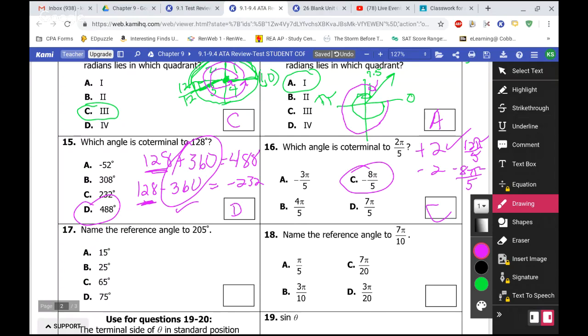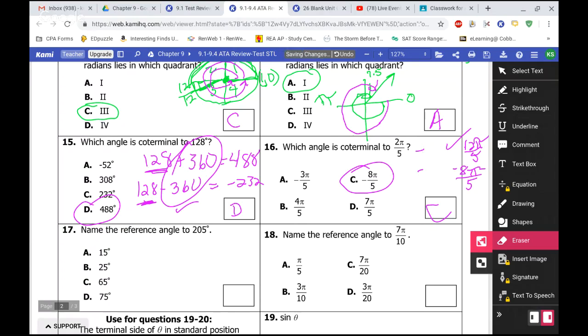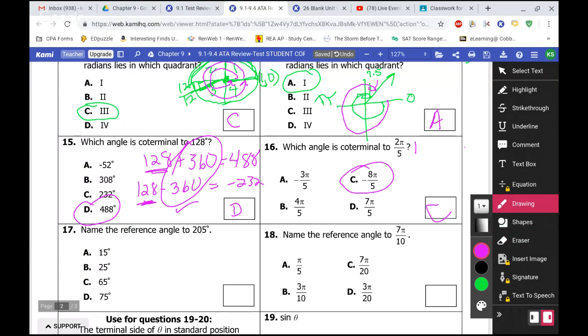Okay, good question. Remember, this 2 is 2 over 1. Let me show you what that looks like. If I am adding 2 over 1 to 2 pi over 5, then I have to get the same denominator for both. 1 goes into 5 five times, and 5 times 2 is 10.